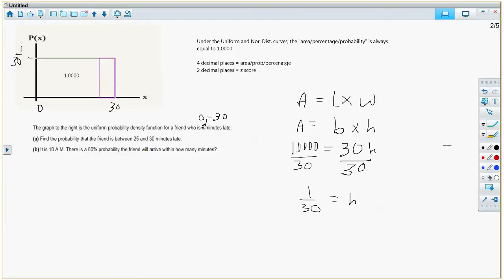Why? Because that's between 25 and 30 minutes. So again, from your pre-algebra days, area is equal to base times height. Very easy pre-algebra formula. And I can tell you right now, on the test, you're going to have 2 or 3 of these questions. And they're all going to have to do with time.